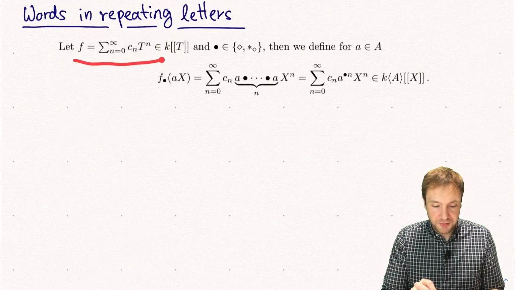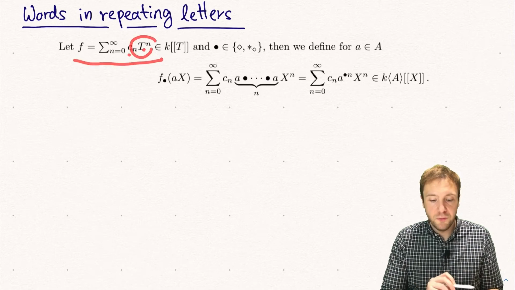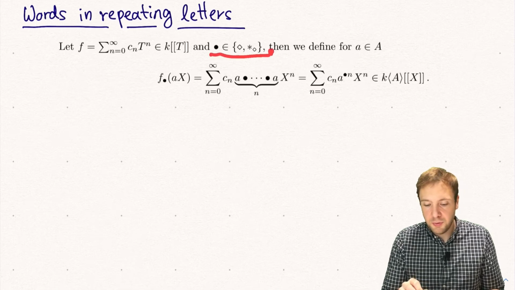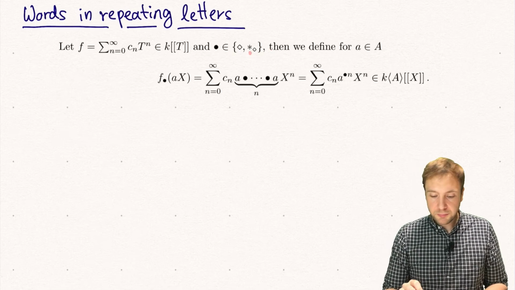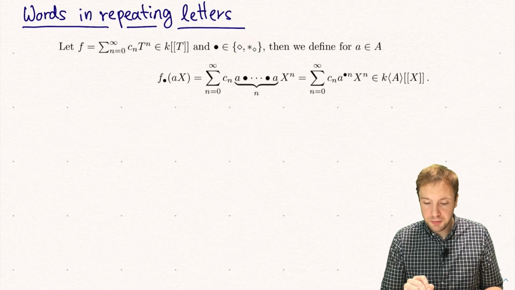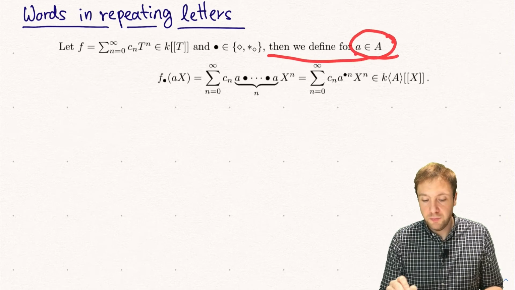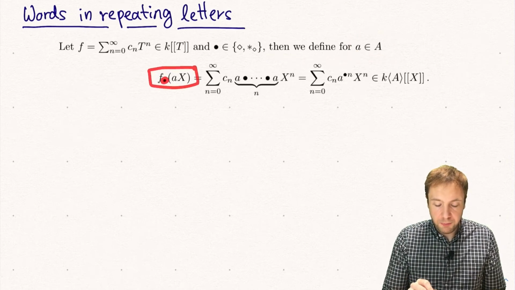So this is F, and it's just a formal power series in the variable T with coefficients c_n. And now this bullet could be either the diamond product or the quasi-shuffle product. Then for an element in A, a letter, we define what we mean by F bullet of a x.